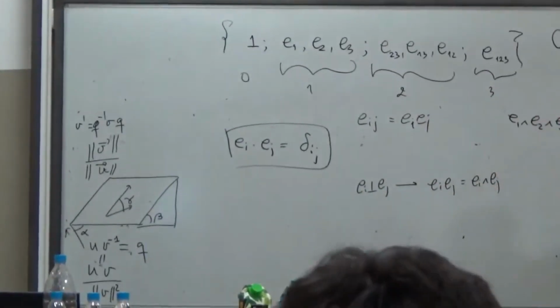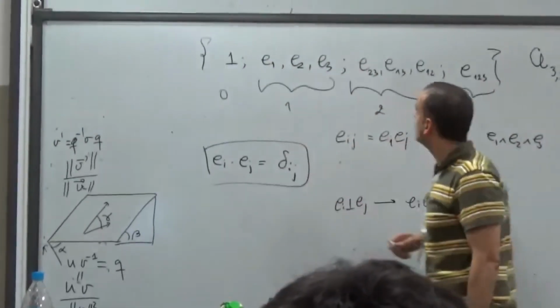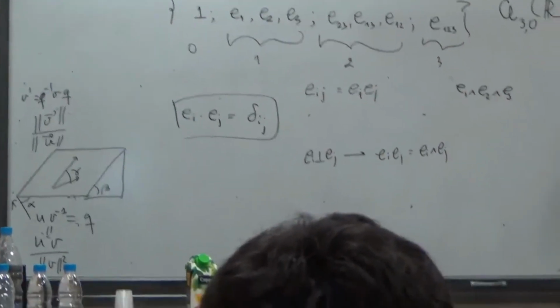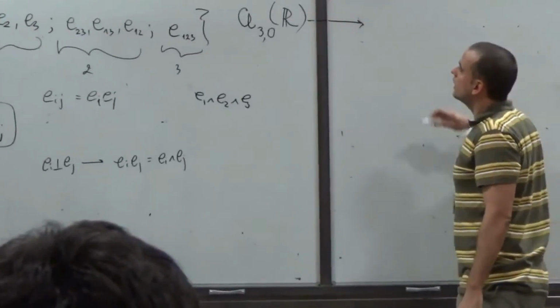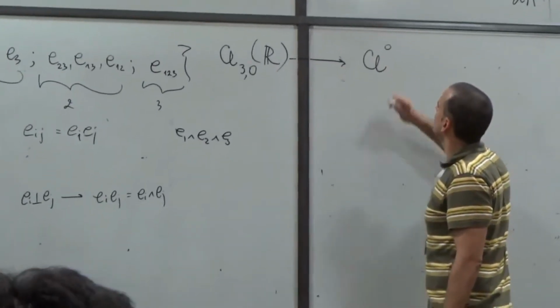Well, as Professor Gonzalez explained, these are the quaternions. So if we take only the even grade algebra, it's usually denoted by this.